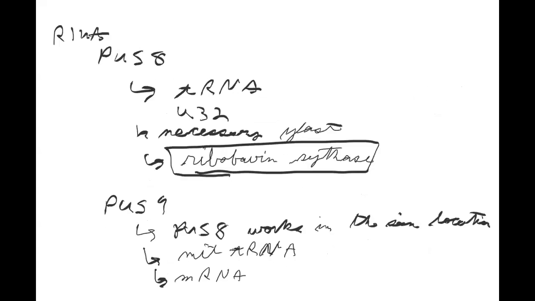And then RLUA has PUS8, and this deals with the transfer RNA at the U32 position and seems to be important in riboflavin synthesis. I spelled this wrong. Riboflavin.